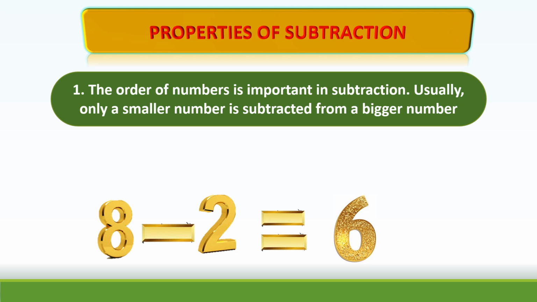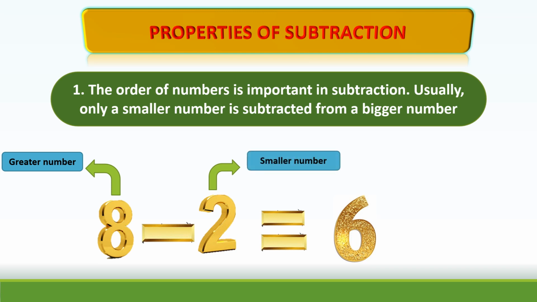What did you observe here? What is 8? 8 is a greater number, or we can say it is a bigger number. And 2 is a smaller number. When we take away a small number from a greater number, the answer we get is 6. That is called the difference.